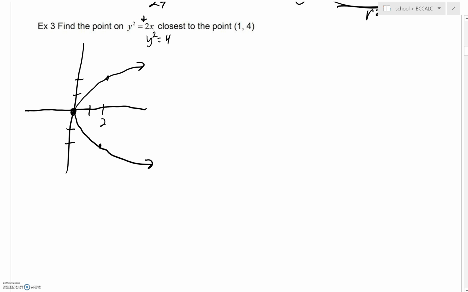But we'd like to find the point on this sideways parabola that is closest to the point (1, 4). Now (1, 4), you can hopefully confirm immediately that this point is not on your parabola.